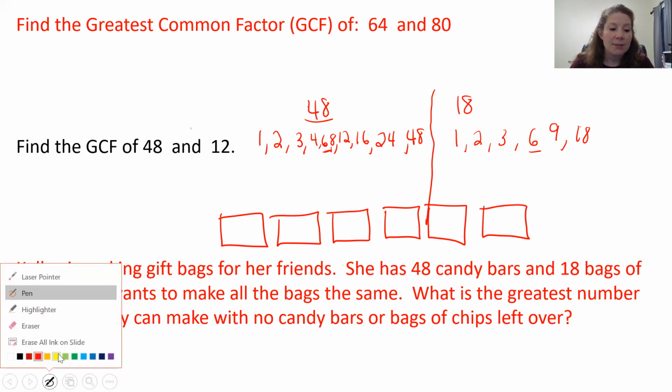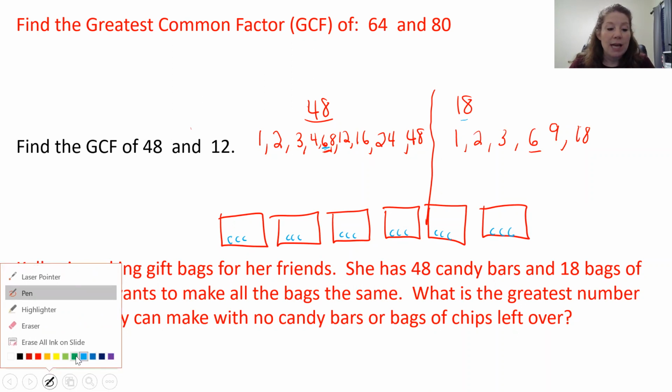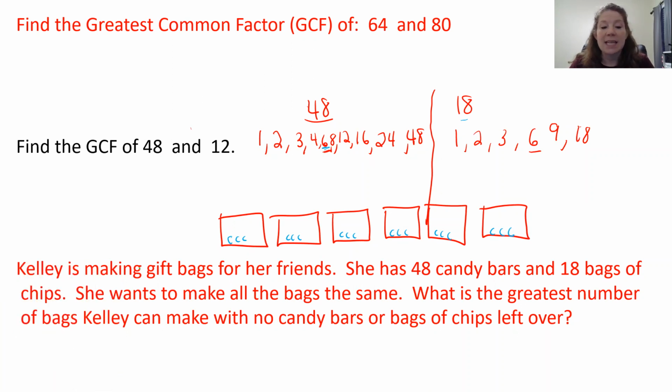So if we have 6 bags, that means we have 3 bags of chips in each bag, 18 in total. And then how many candy bars? I'll use green, and I'm going to put B for candy bars.